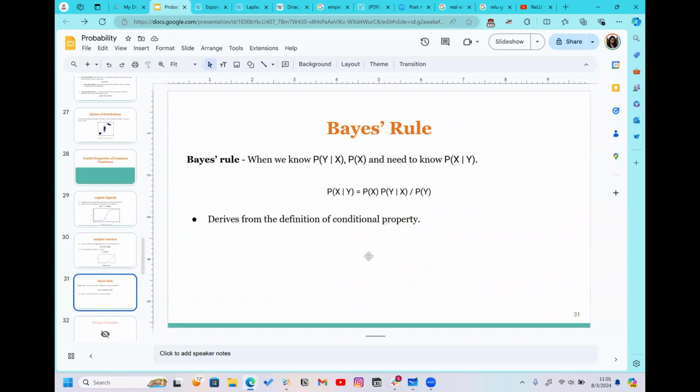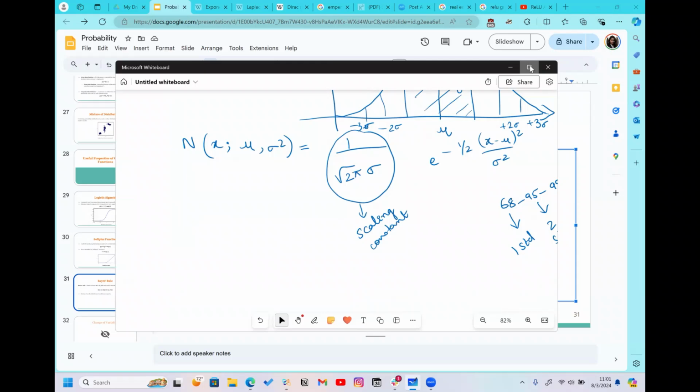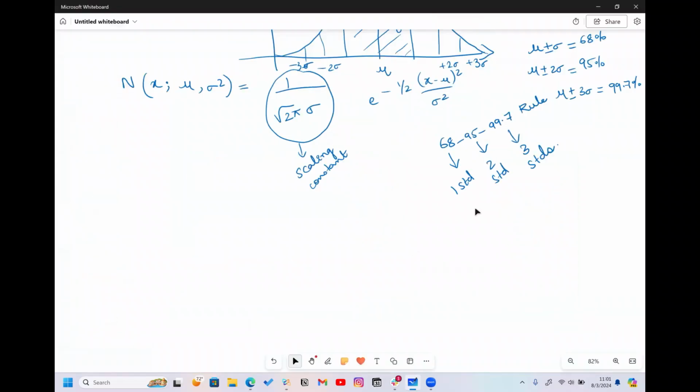And then towards the end, they have the Bayes rule. Bayes rule is finding the probability of x given y when we already know p of y given x and p of x. Even if we don't know p of y, we can find it using the summation over x of p of y given x times p of x.